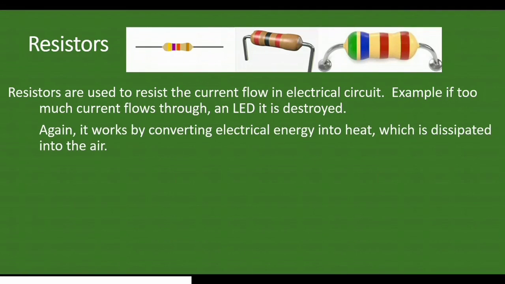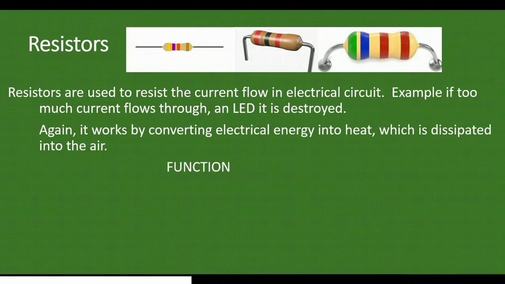Again, it works by converting electrical energy into heat, which is dissipated into the air. So the heat that is produced in the circuit is dissipated with the help of the resistors.